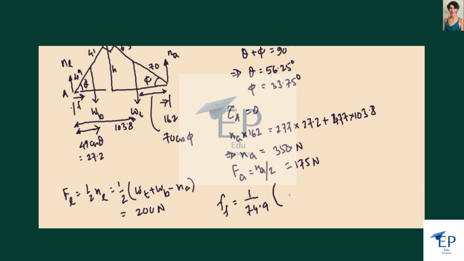So 1 over that, minus 400 times 50 centimeter, minus 277 Newton, which is the force due to the lower body, times 22.8 centimeter. So that comes out to be 182.7 Newton.